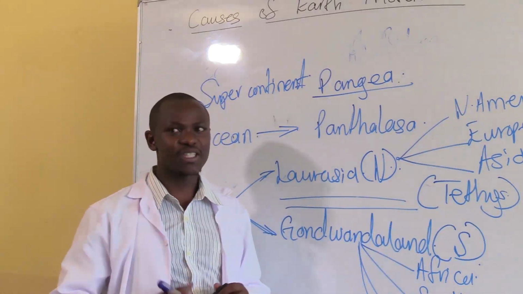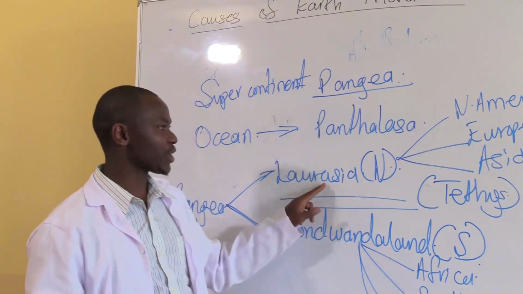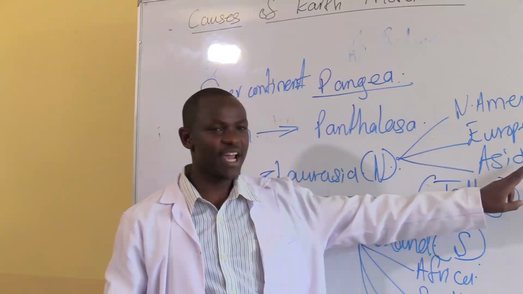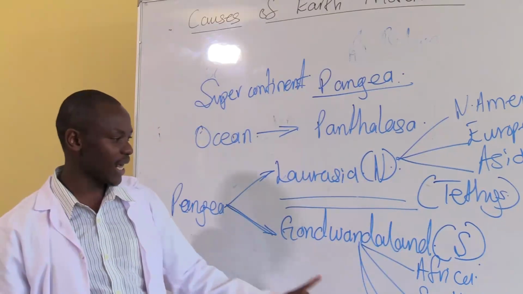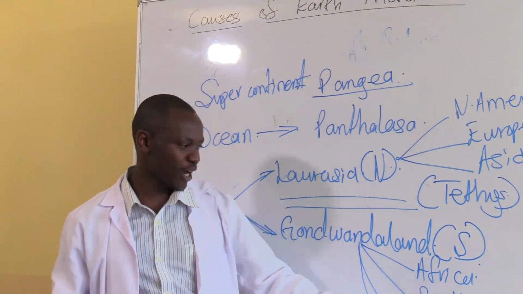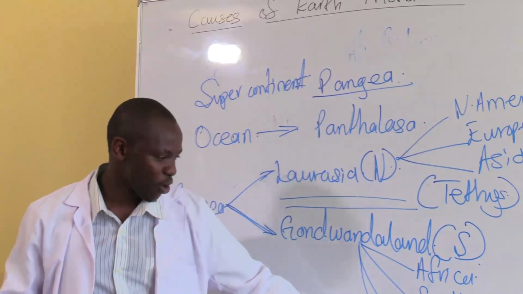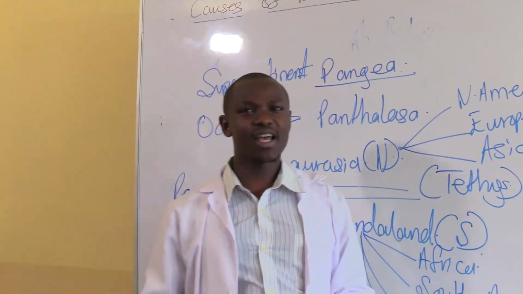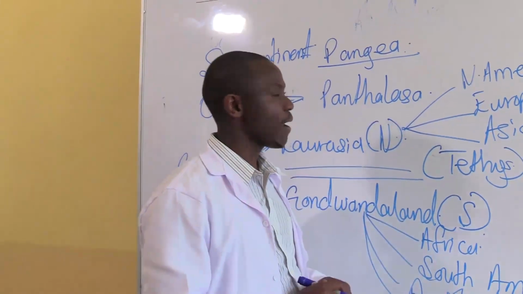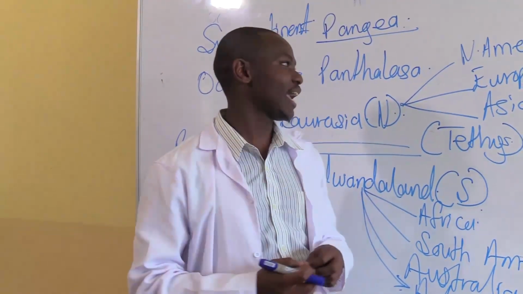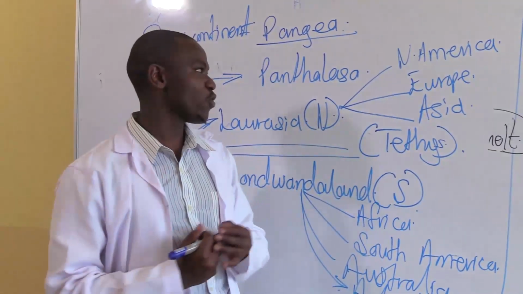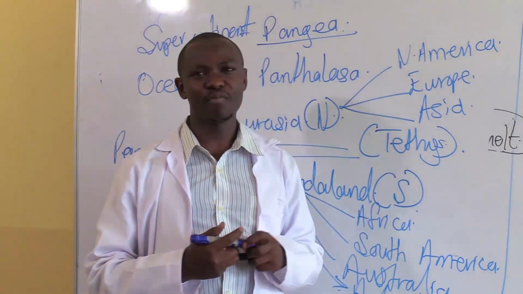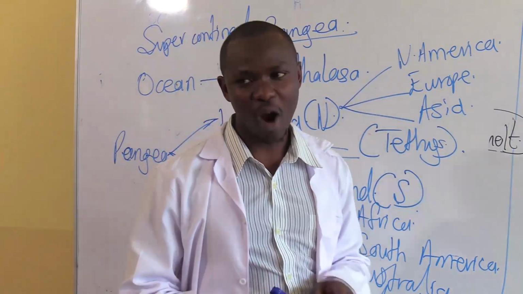Then, due to the same forces again, Laurasia split into North America, Europe, and Asia, while Gondwanaland split into Africa, South America, Australia, and Antarctica. So that is how the 7 present-day continents came to be, as a result of what? This theory called the continental drift theory by Alfred Wegener.